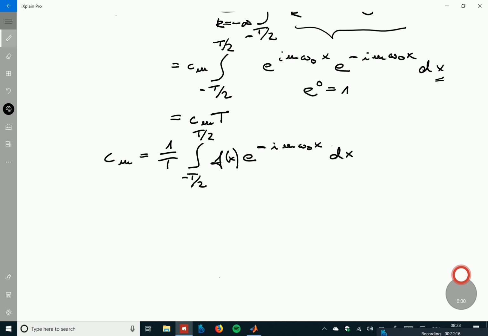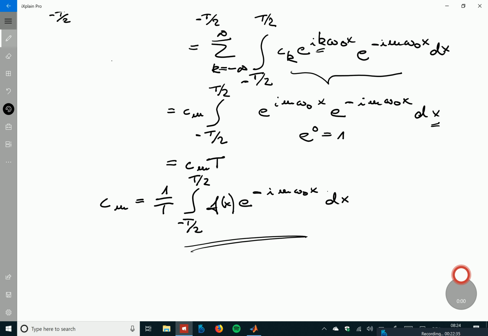So this shows that one coefficient in this complex Fourier series for m is given like that. Now our m was arbitrary, so we can also call our m k. Of course, then we should call this running index something else if we do this derivation, but now we don't need to do this derivation anymore because we've already done it.